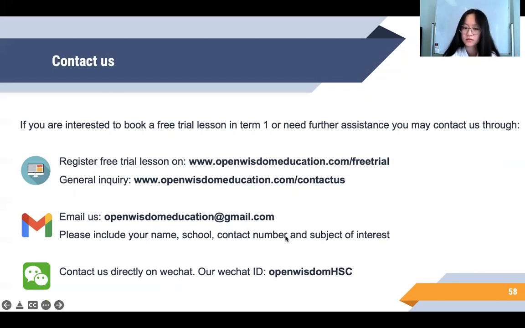Or you can contact us directly through WeChat. Our WeChat ID is OpenWisdom HSC. It's a free trial lesson. It doesn't hurt. If you don't like it, you don't pay for it anyway. It's completely free, so you can at least try it if you want.